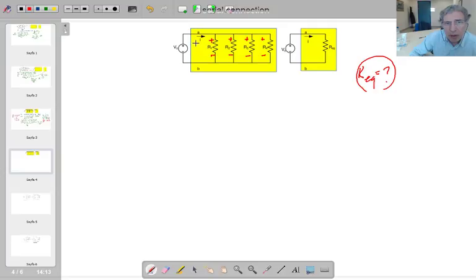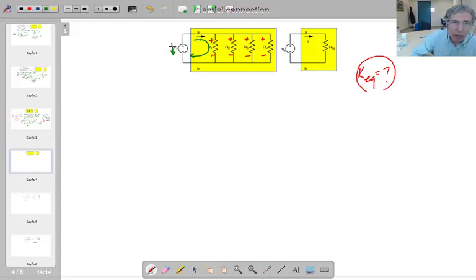Now if you write the Kirchhoff voltage law equation for this mesh, we need to choose a mesh direction. So assume that we have chosen this one. According to passive sign convention, this element's current reference is this way.